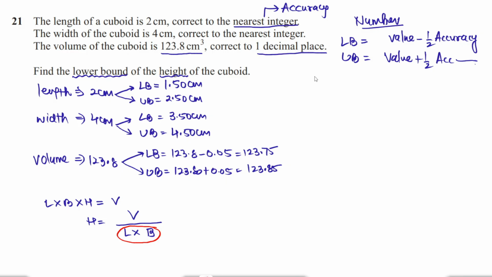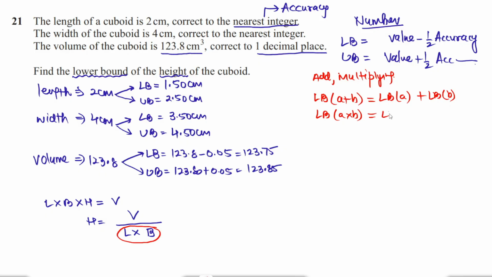So the first thing, in the upper bound and lower bound terminology, if you are adding or multiplying two things together, we do the same thing here. Like if we are looking for lower bound of A plus B, then in addition we take lower bound of A plus lower bound of B. But if you are looking at lower bound of A into B, for multiply, we do the same thing. Nothing extraordinary has to be done.